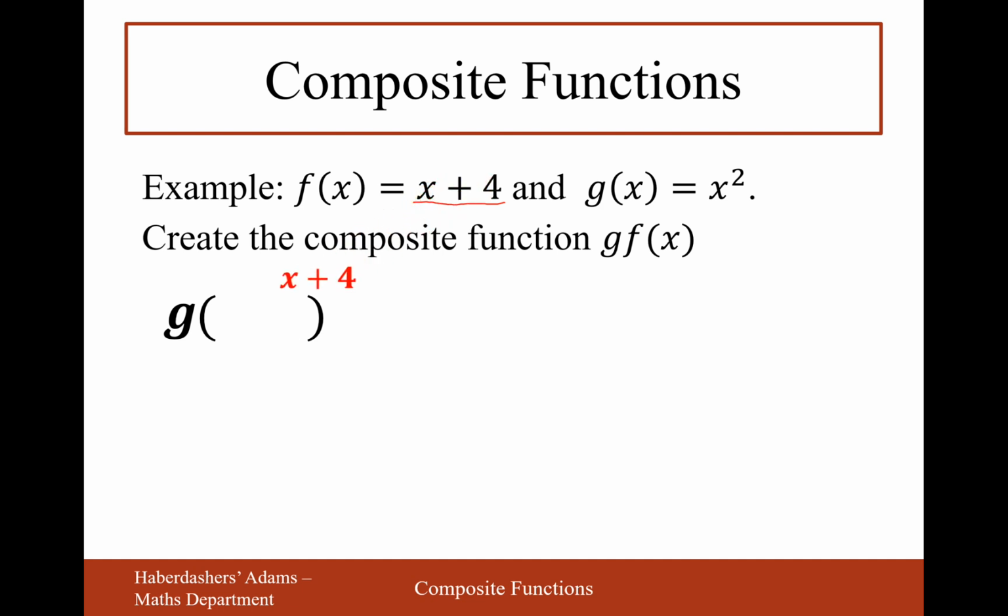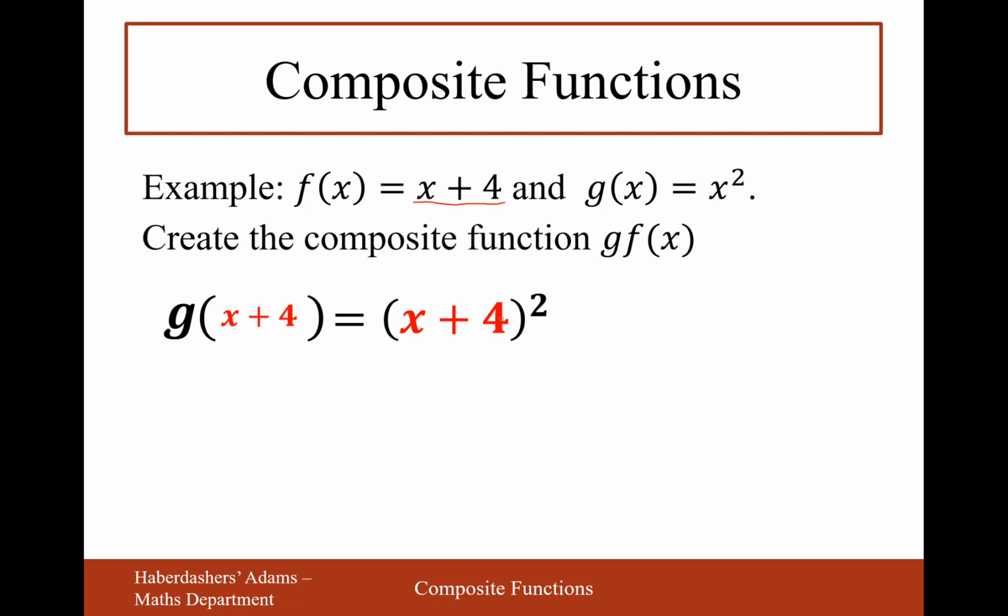So I'm now going to replace f of x with x plus 4 inside the bracket here. And now is where I need to use that skill of putting algebra into a function. I need to put x plus 4 into the g function, so where x is, x plus 4 is now going to appear.